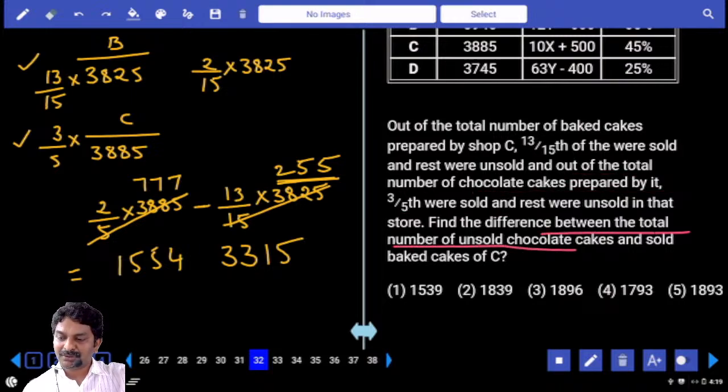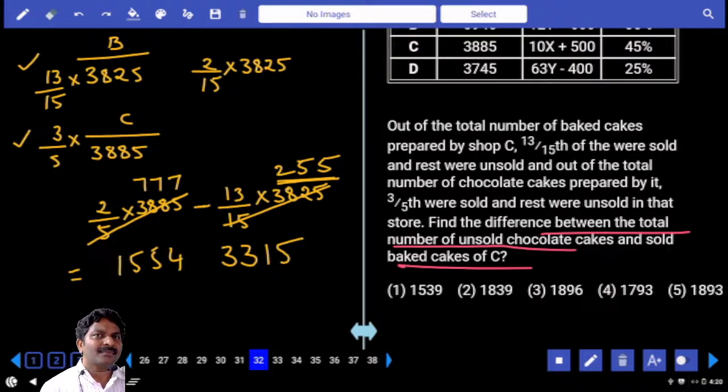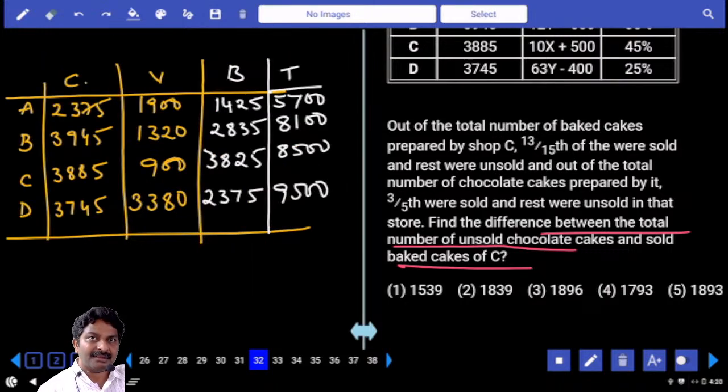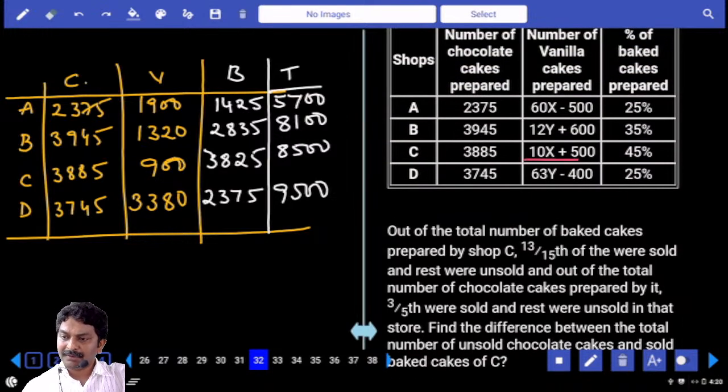Total number of unsold chocolate cakes 3885. Correct. Sold baked cakes, that is also correct. Apart from these totals, is there a mistake in C's value? Let's see. This is correct.